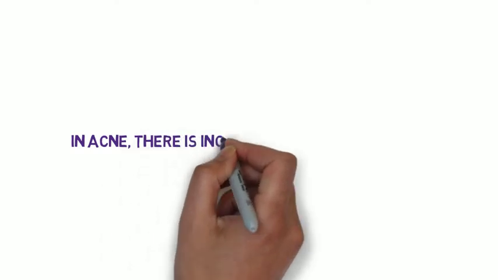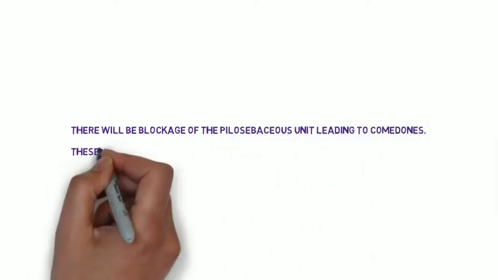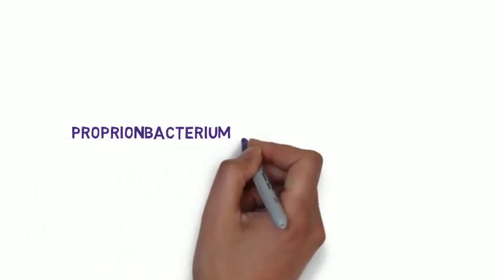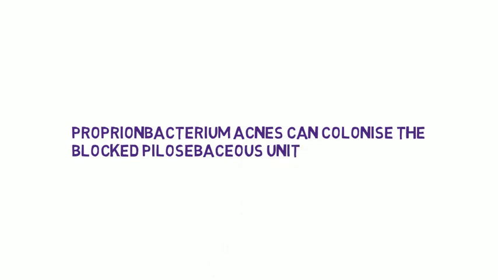In acne, there will be increased sebum production, and there can be blockage of the pilosebaceous unit leading to comedones. These can be open or closed comedones, and these are colloquially known as black and white heads. P. acnes can colonize the blocked pilosebaceous unit.